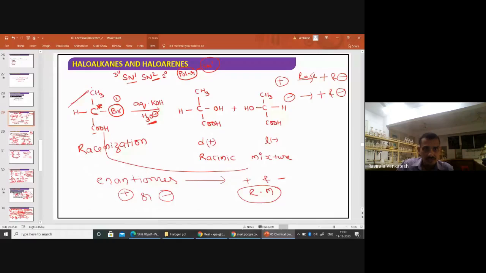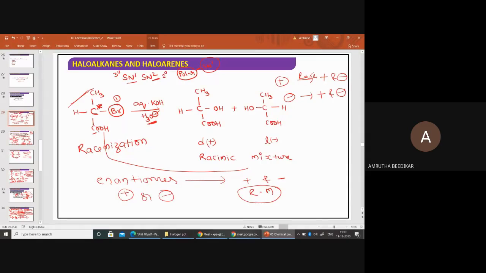Now, this is the first priority. The second priority we need to give here. You observe here, carbon is there. Next to the carbon, you are having hydrogen or oxygen? Oxygen.